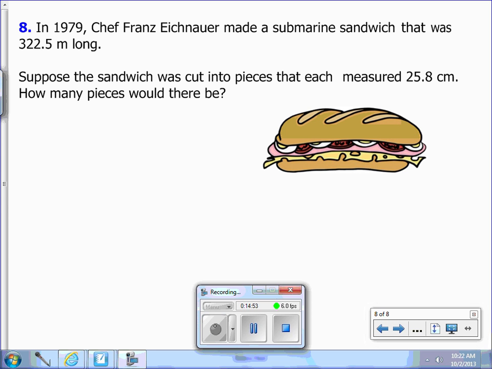So you're noticing that each of the pieces will be cut into 25 8/10 centimeters. And the question is asking how many pieces would there be? So our answer is going to be in centimeters because we're going to determine how many pieces there will be. So we're going to convert 322 5/10 meters to centimeters. In order to do that, we're going to move the decimal place 2 places.